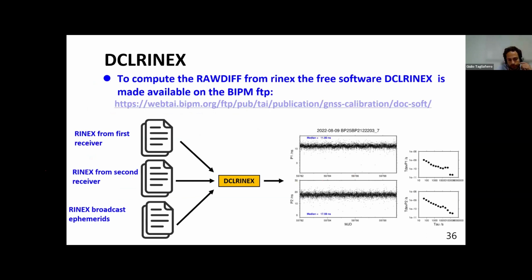You input some broadcast ephemeris in a Rinex format, and the software directly computes the raw difference. This way, you don't have to compute the relative position of the two antennas, because they will be automatically computed by the software, and you can get directly the raw diff. Next slide, please.